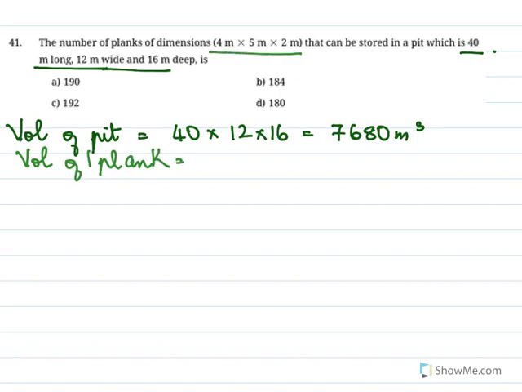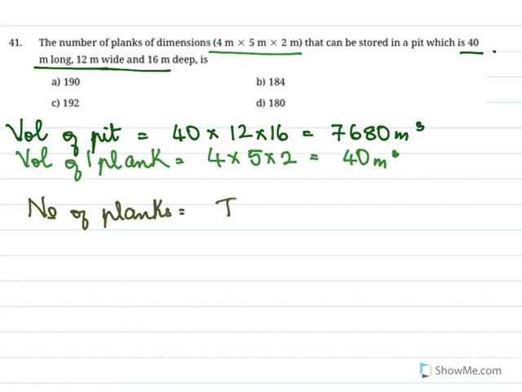Then you find volume of one plank. Volume of one plank is this: 4 into 5 into 2 equal to 40 meter cube. Then we find number of planks. So number of planks equal to total volume over volume of one plank.